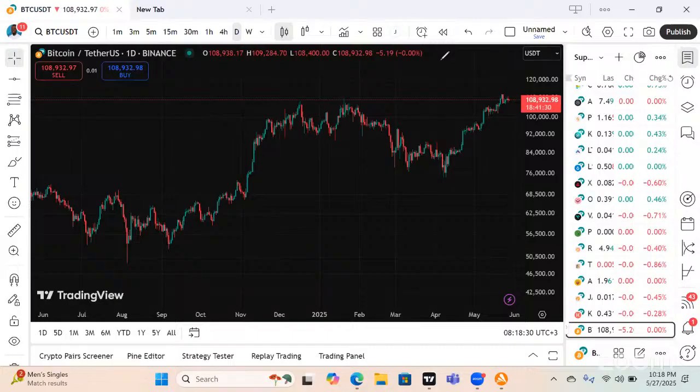it helps us to identify trend direction. For example, this line moving up like this is an uptrend.